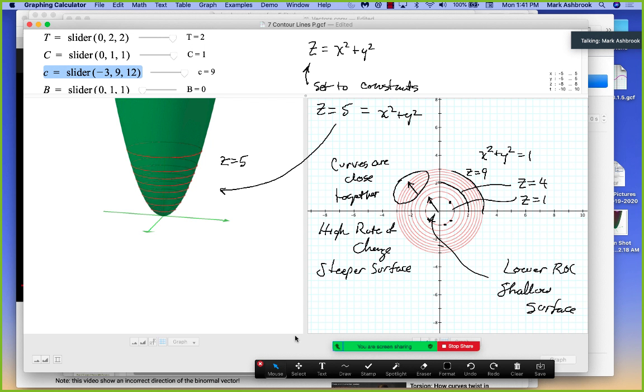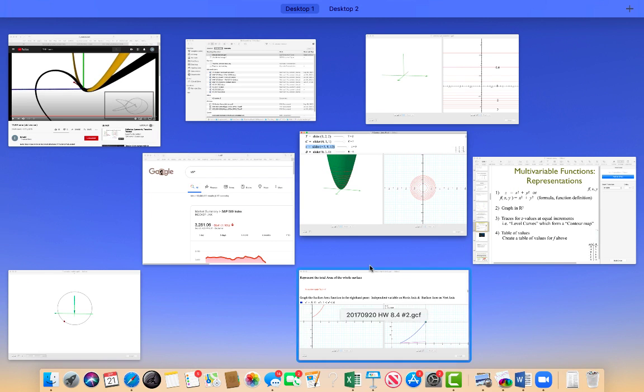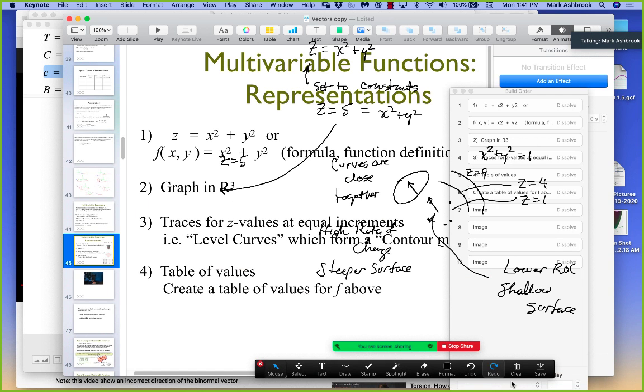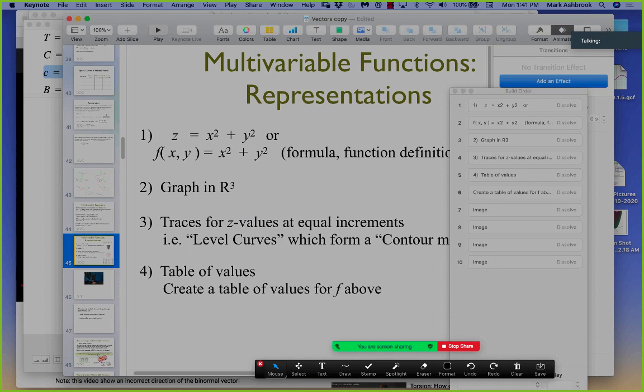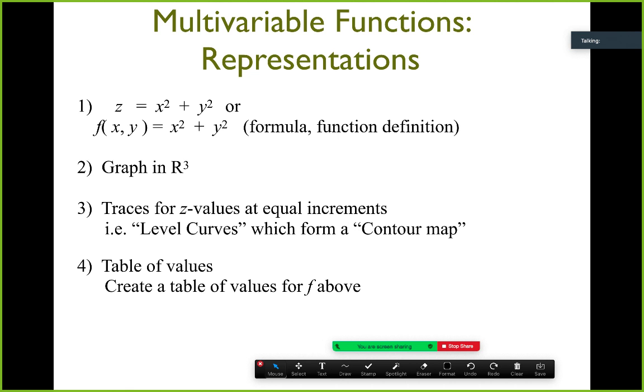Okay, so the last representation is pretty quick and easy, and that is a table of values. So create a table of values, okay? I'll just show you that in a second here, but just to recap, there's 4 main representations for these multivariable functions. The first is a formula or a function definition, okay?